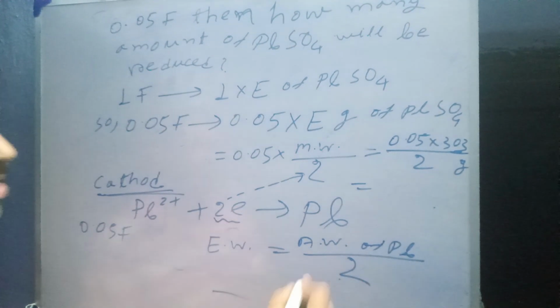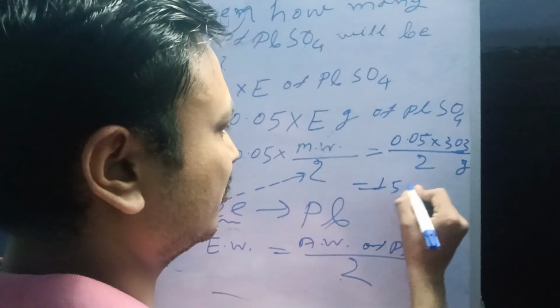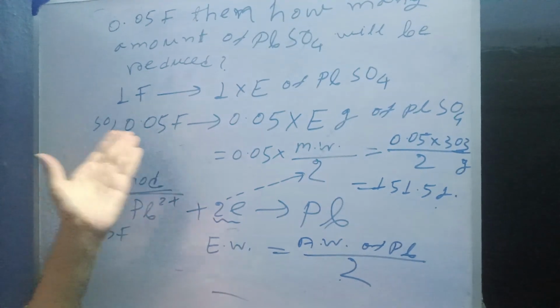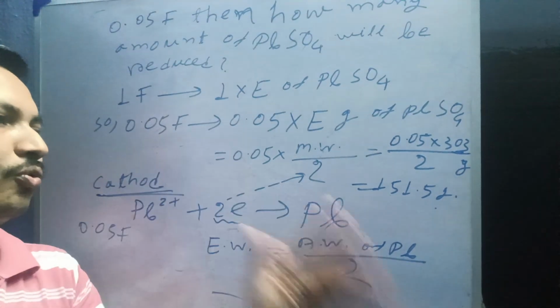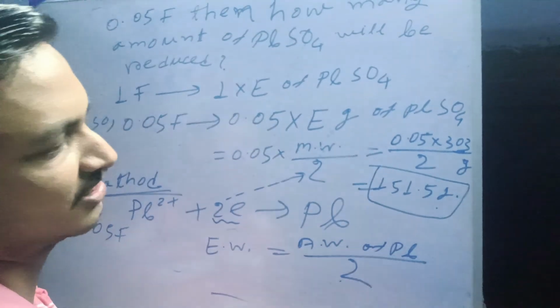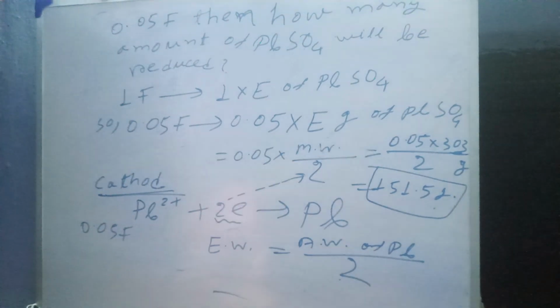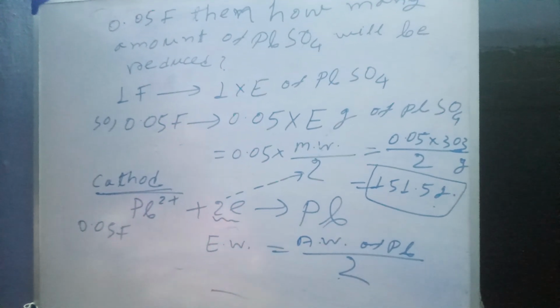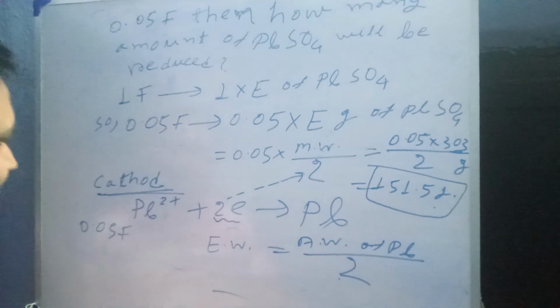It will give 151.5 gram of lead sulfate. So 0.05 Faraday will reduce 151.5 gram of lead sulfate. This is the answer. You may note down this.